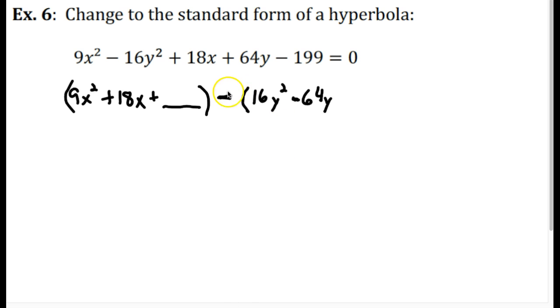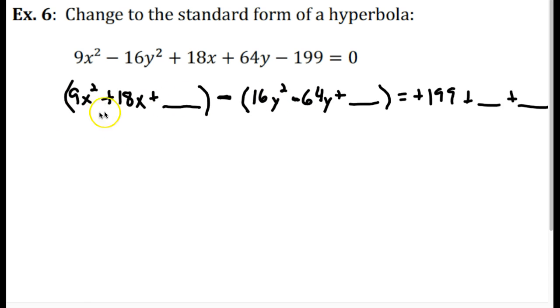Because if I distributed this negative sign through, we would have negative 16y squared, and we would get a positive 64y. Right? So then plus something equals, now I'm going to add this 199 over, and then I know I'm going to have two blanks over here.